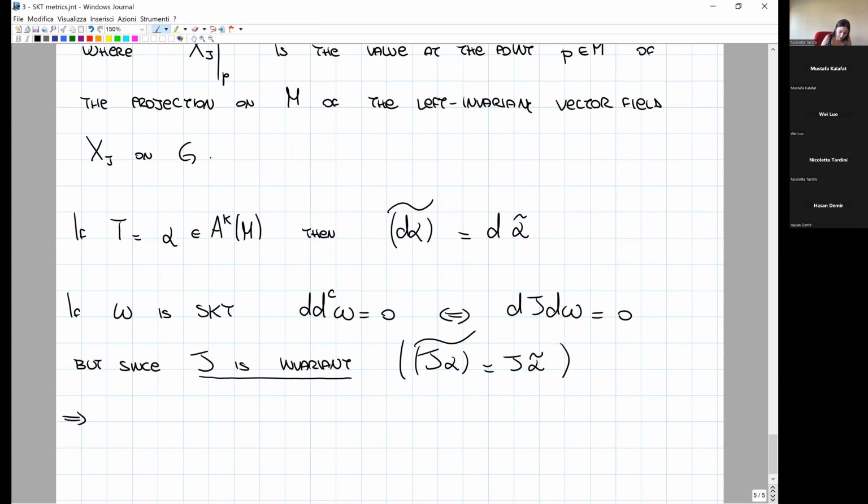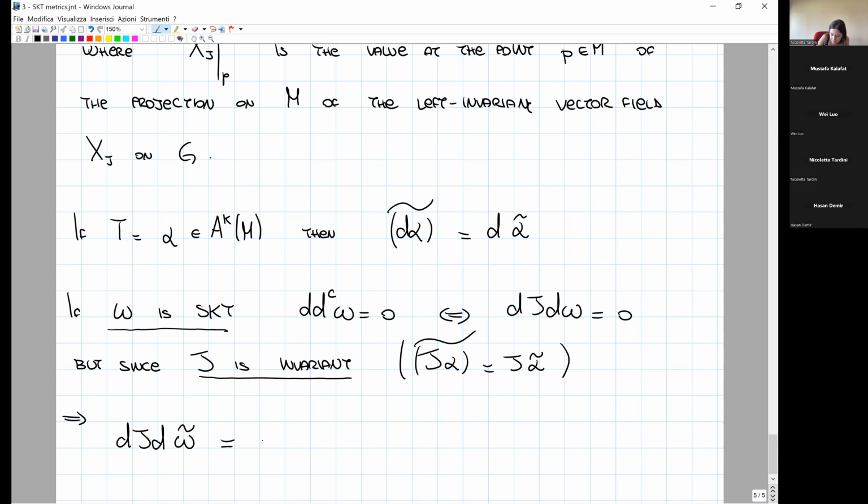Then dJD of omega tilde. So I start with omega that was SKT, and then I apply this symmetrization process, and I find an element that now is invariant. And I apply DJD. What did we say? We said that this symmetrization process commutes with D, but it also commutes with J because of this last part.